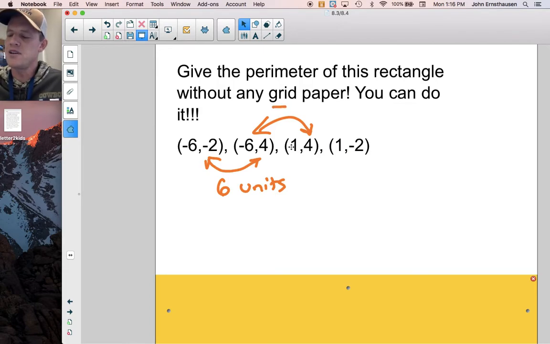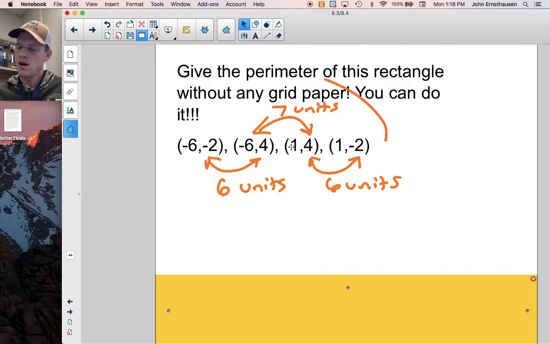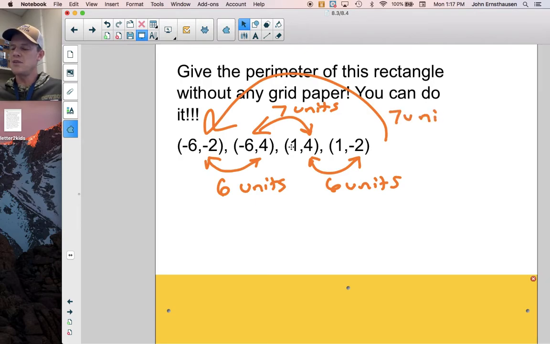They are 7 units apart. How far apart would 1, 4 and 1, -2 be? They are 6 units apart. And some of you are probably thinking that's your answer. But you still have to connect this point all the way back to the beginning one. So how far apart would -6, -2 and 1, -2 be? And those would be 7 units apart.